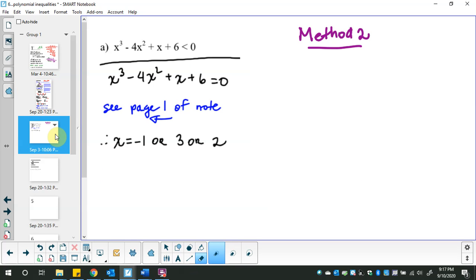Now, this way, method 2, requires you to know everything you needed to know to graph or sketch a polynomial function.